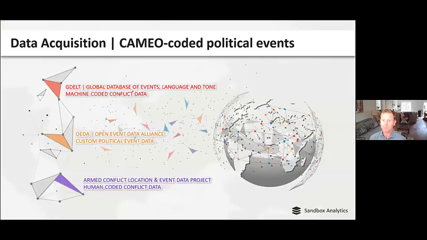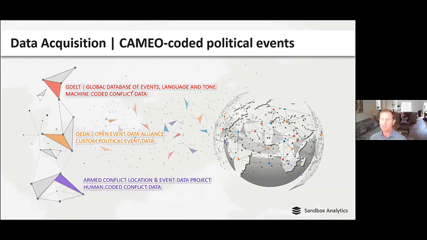So at the center of this slide, you'll see something called the Open Event Data Alliance, and that's a GitHub library and is a brilliant toolkit that can be used to generate political event data using news reports.